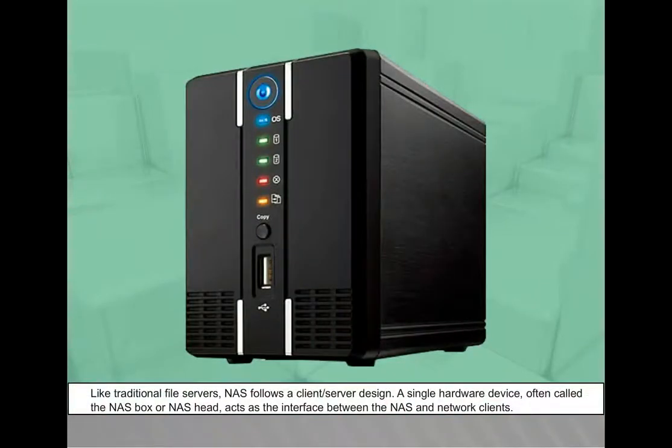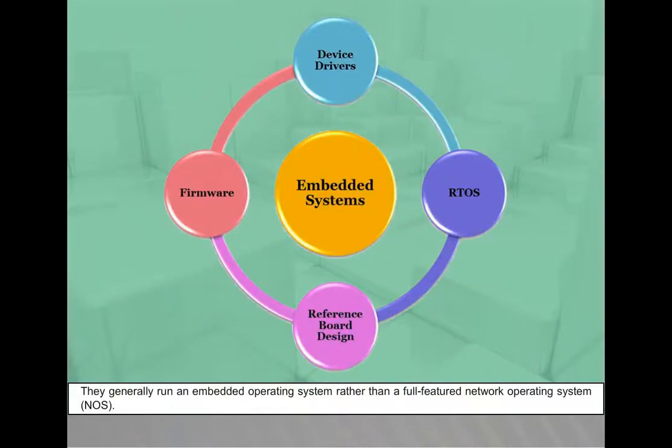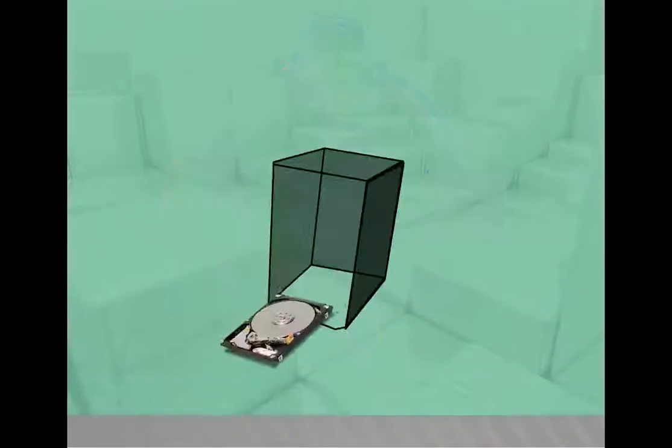Like traditional file servers, NAS follows a client-server design. A single hardware device, often called the NAS box or NAS head, acts as the interface between the NAS and network clients. They generally run an embedded operating system rather than a full-featured network operating system (NOS).